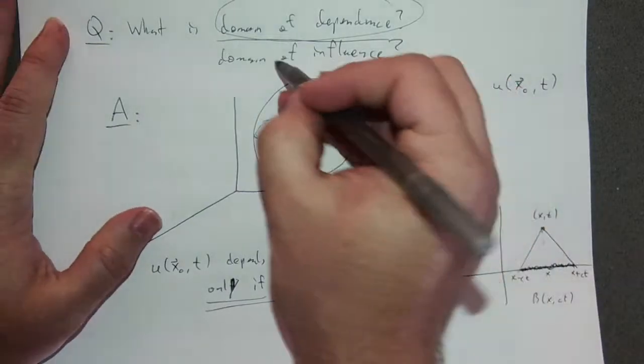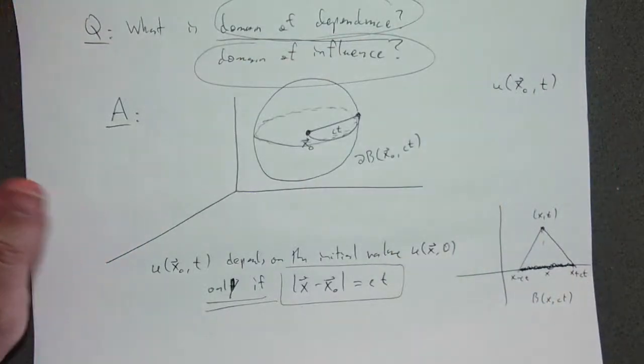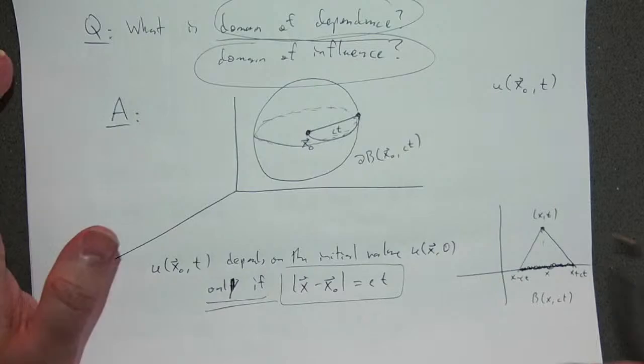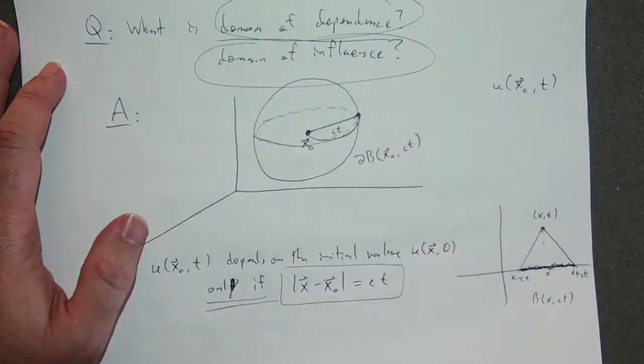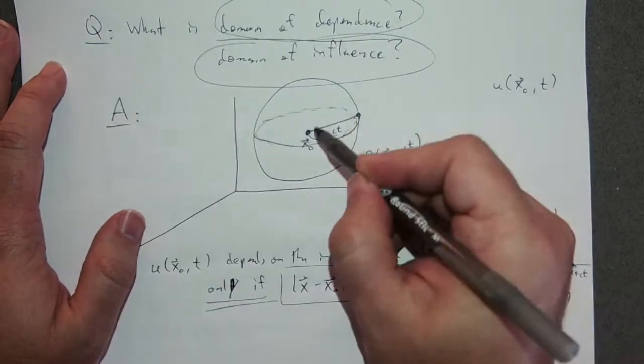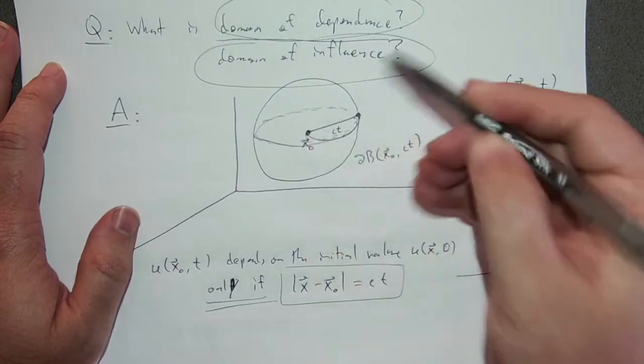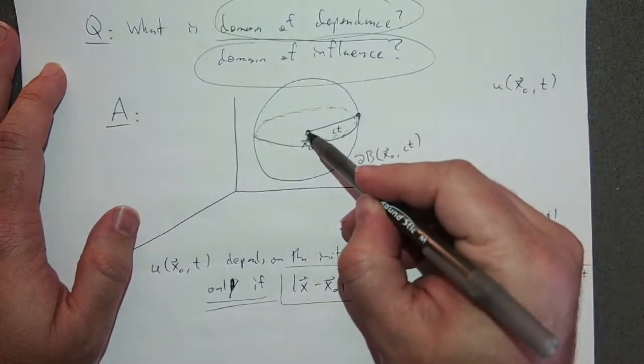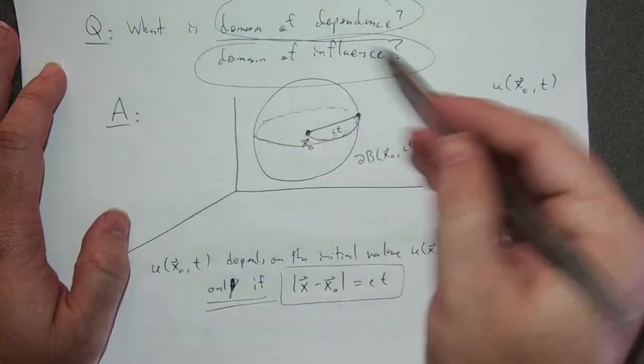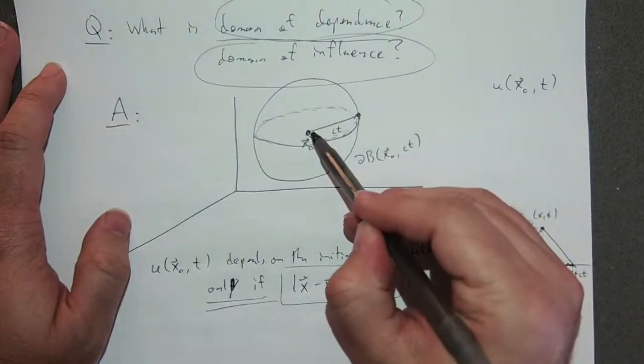Now asking the question about its domain of influence: suppose that I give you initial information about u and its derivatives at a point. The question is, what later points are influenced by values here?